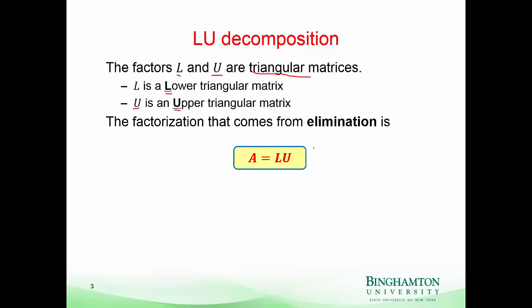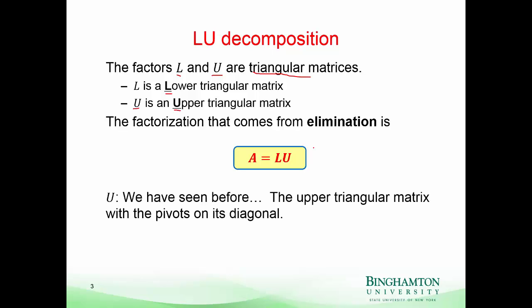So A is equal to LU. Our job is to find the L and to find the U given a particular A. So the U is going to come from things that we've already seen. It'll be the upper triangular matrix that we've been getting from elimination.